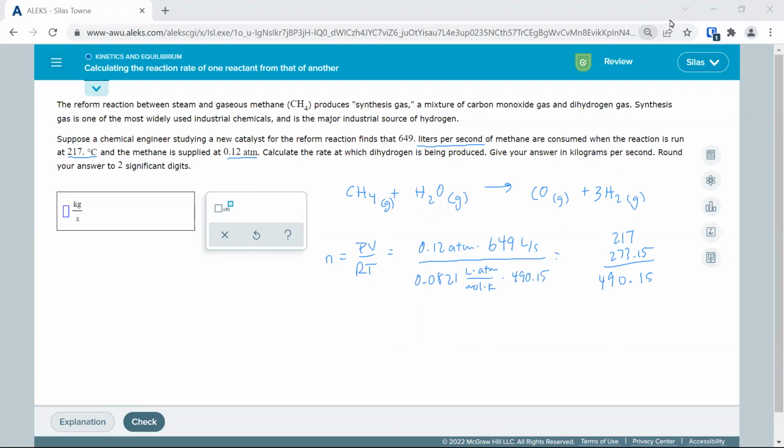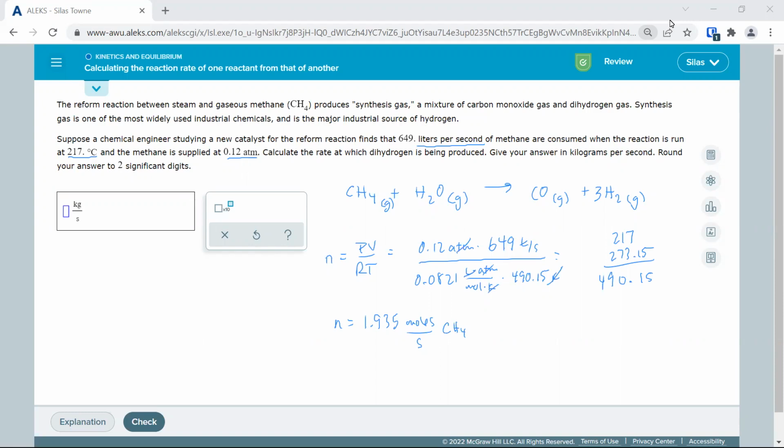What is that equal to? Let's do. So I get n equals 1.935 moles per second. And so I have my atmospheres cancel, I have my liters cancel, I have my Kelvin cancel, and I'm left with moles per second of CH4 being used up.